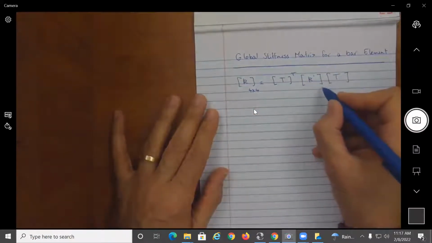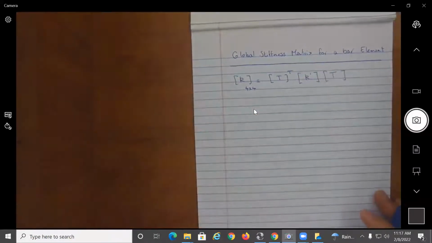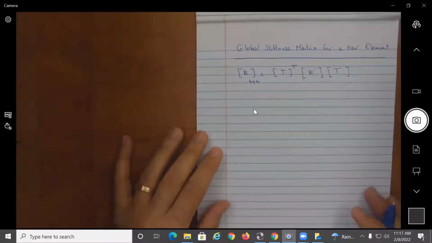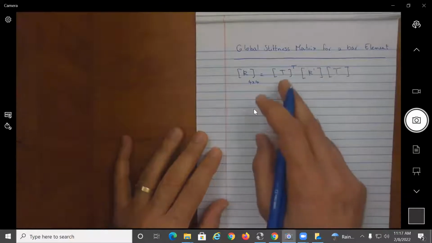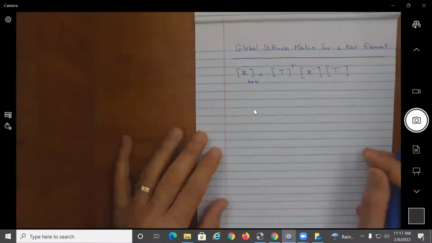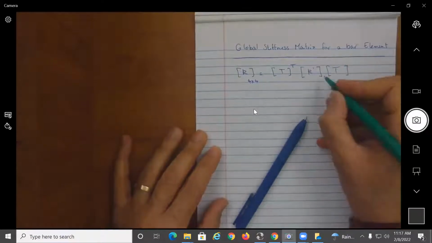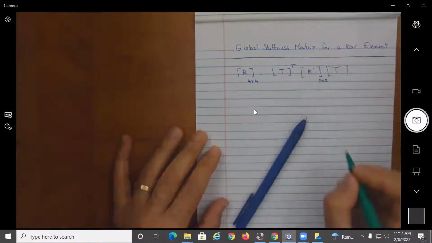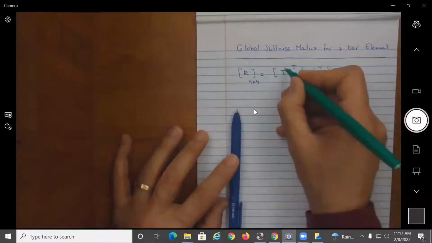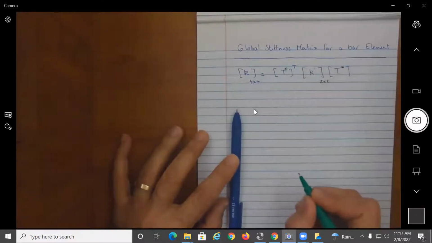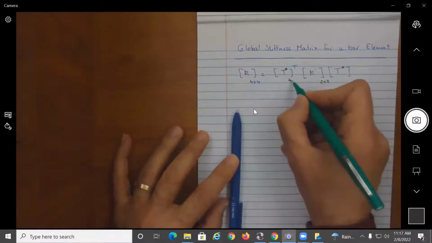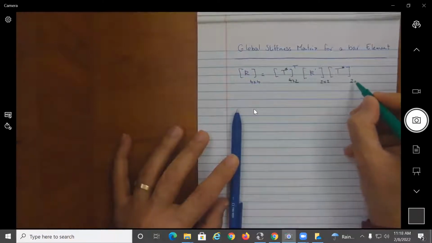This K prime here can be expressed as a 4 by 4 if I'm using T 4 by 4, or I can still keep it as a 2 by 2, but in this case I'm going to be using the T star and the T star transpose, where this is going to be a 4 by 2 and this is going to be a 2 by 4.